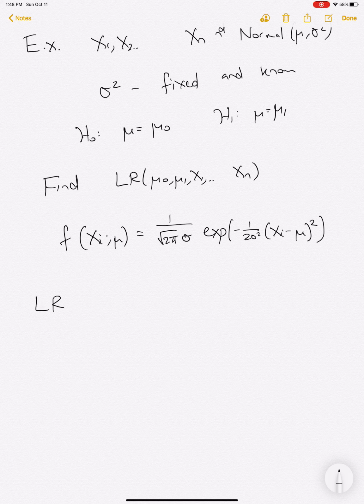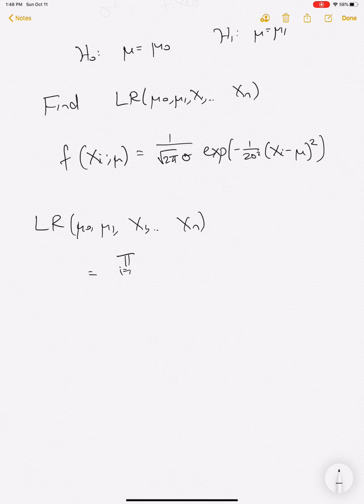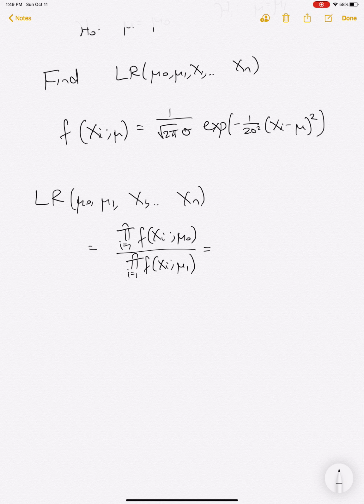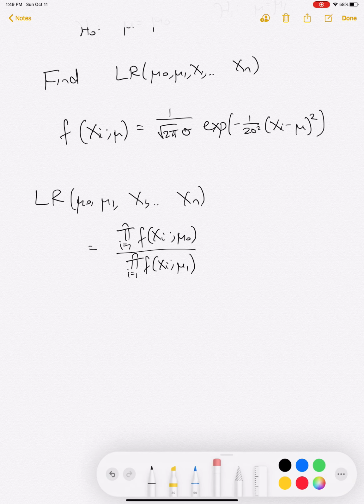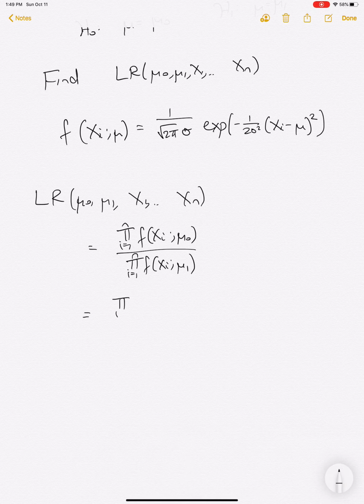And so if we look at the likelihood ratio, so now we plug in our mu1 and our mu0s here.